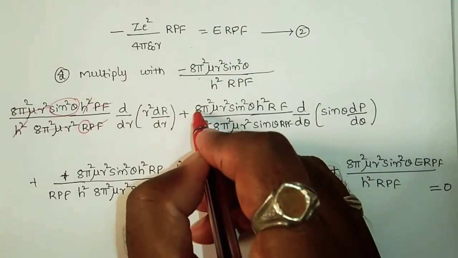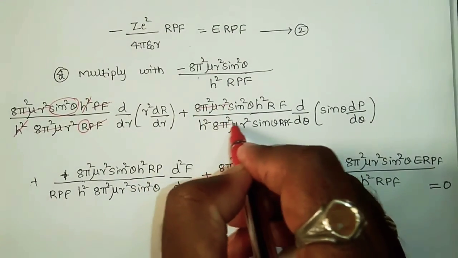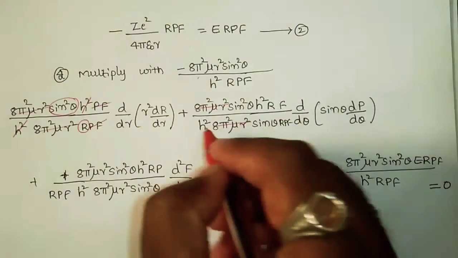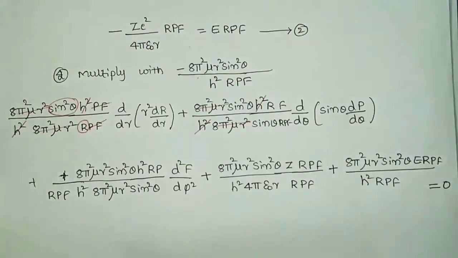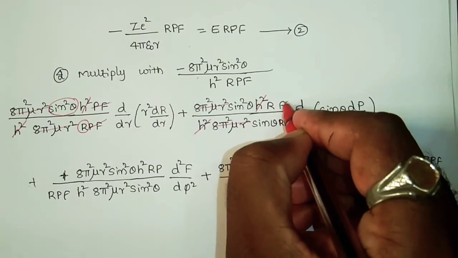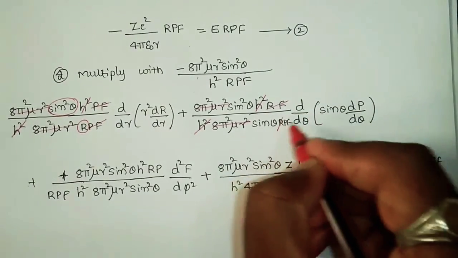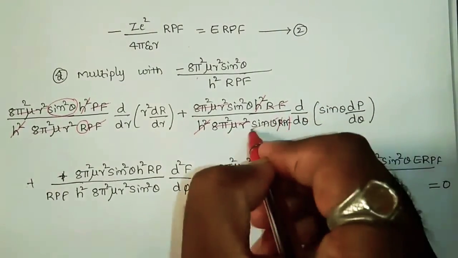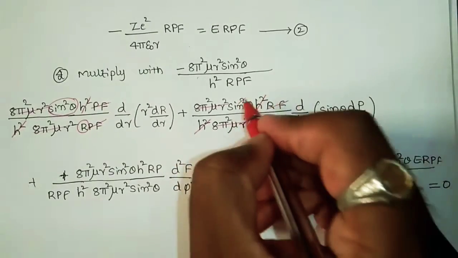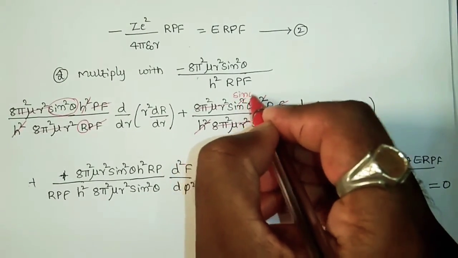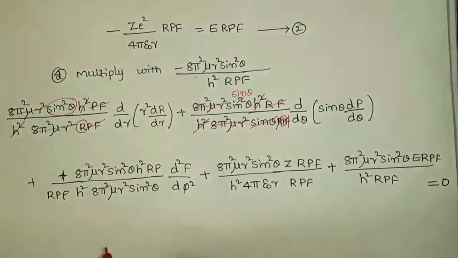And here 8 pi square mu r square got cancelled. H square got cancelled. rf and rf got cancelled. Sine theta and square got cancelled. So here we are left with sine theta and p.